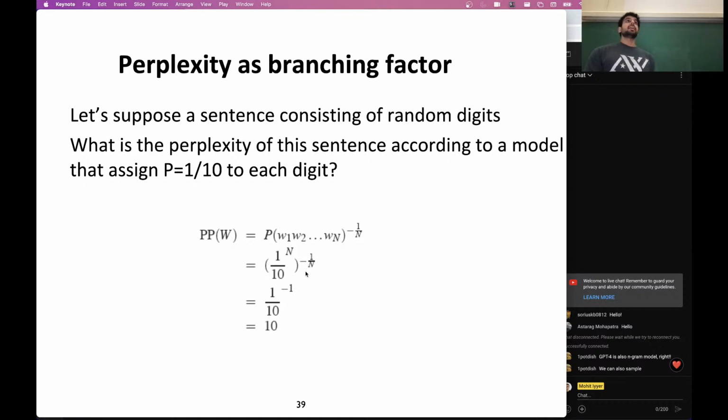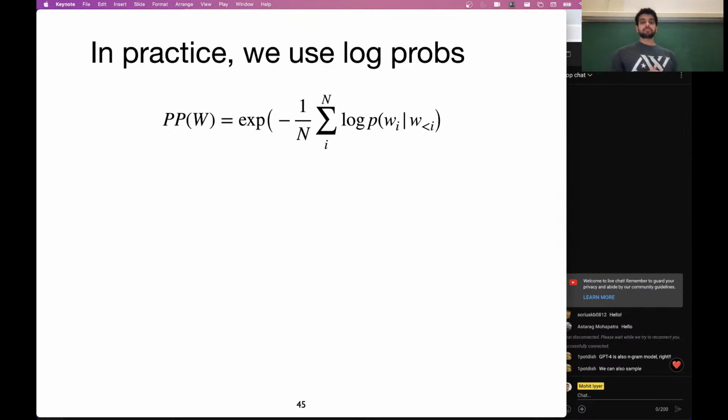And perplexity exponentiates by -1 over the length of the sequence. So we get 1/10 to the -1, and we get a branching factor of 10, which means that 10 numbers are equally likely given any prefix. Since this is a totally random model, this makes sense, right? So that's just an example of a uniform language model.